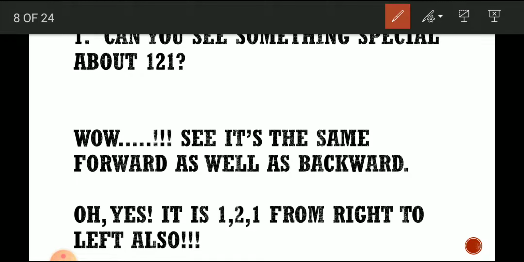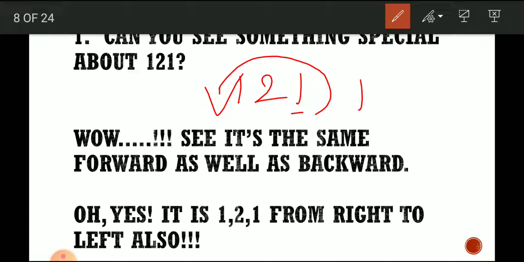Here, 1, 2, 1. Now let us write the reverse order, 1, 2, 1. How sweet, you know. Superb. So it is 1, 2, 1 from right to left. Also, it will become 121.